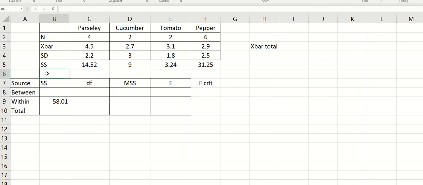So now I'm going to calculate the totals. The total for group A is just the average of group A times the number of observations in group A, so it's 18. And I do that for all of them.